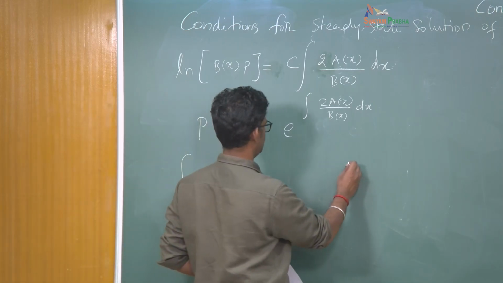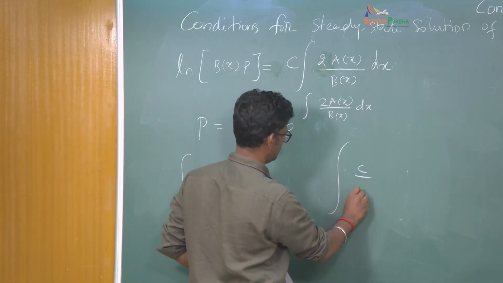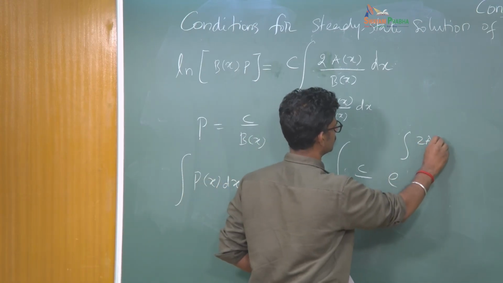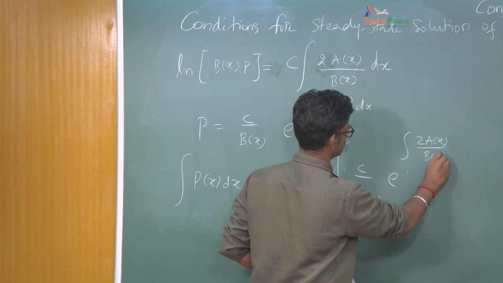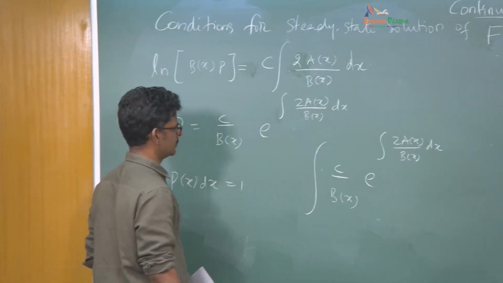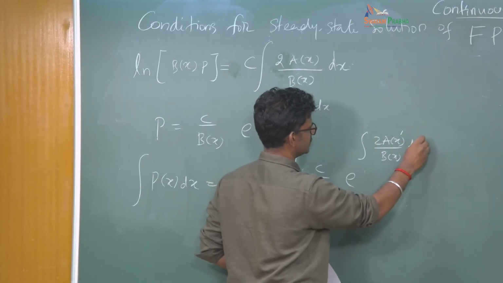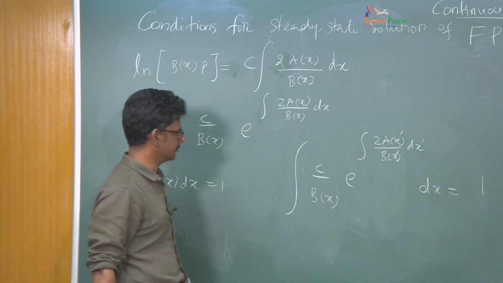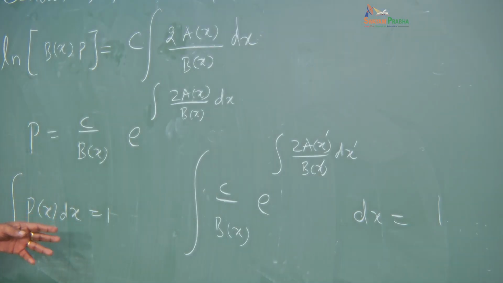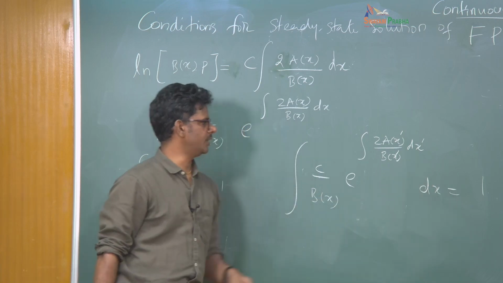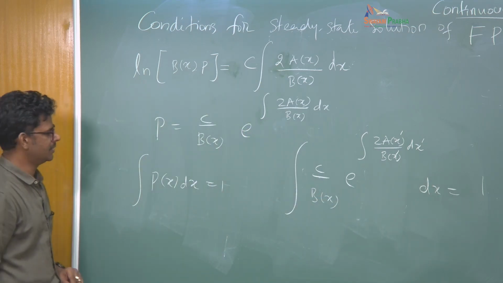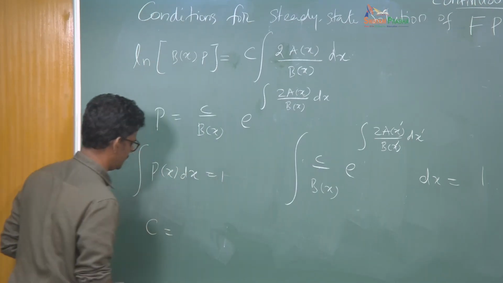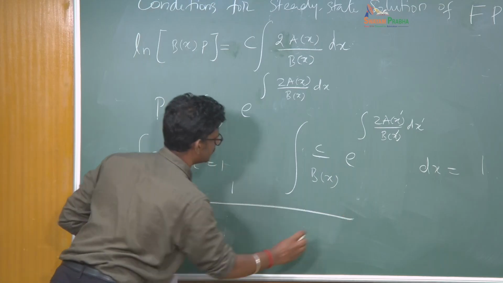We say p(x) is c/b(x) e to the power integral of 2a/b dx prime, and the integral of this entire quantity should be equal to 1 by the normalization condition. In other words, c is given by 1 over this entire integral.